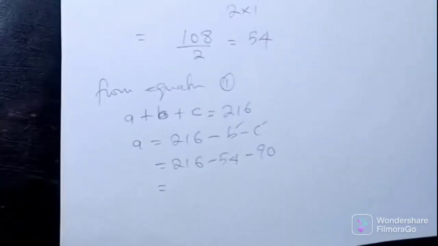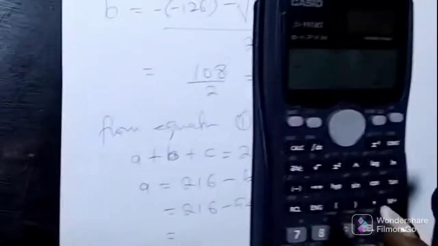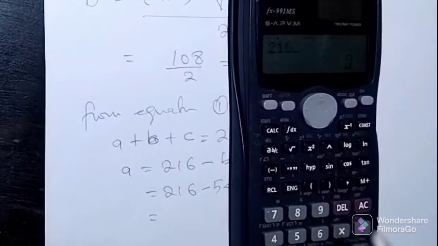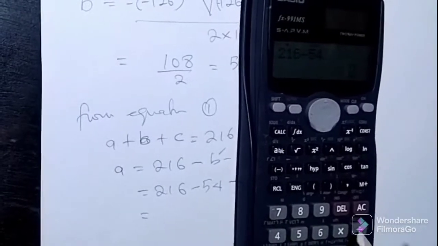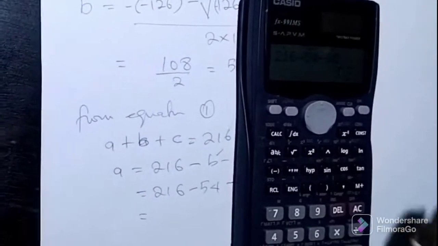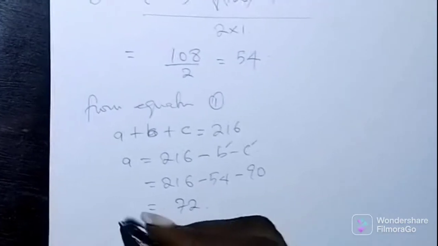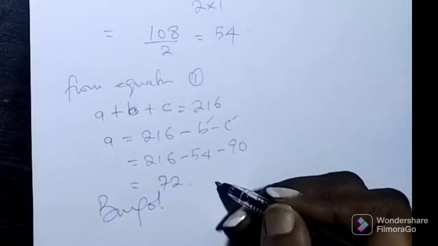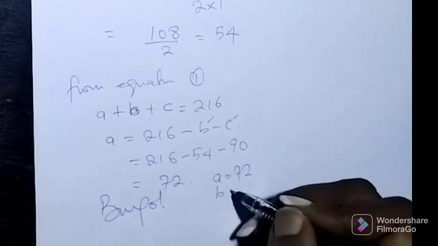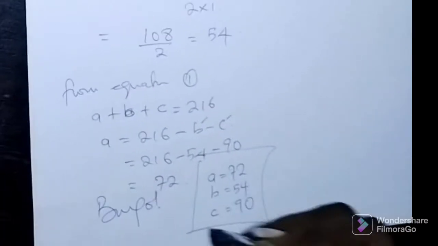So let's quickly calculate that. We'll say 216 minus 54 minus 90 equal to 72. So bingo, we found our answers. A is 72, B is 54, and C is 90.